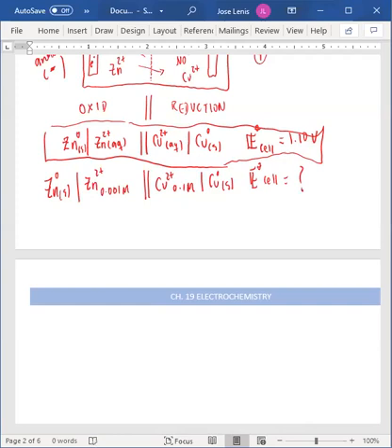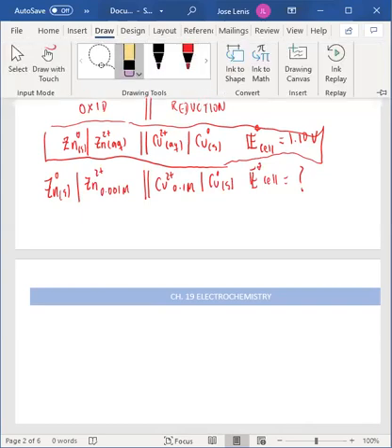You get 1.10 volts if you use 1 molar solution of this and 1 molar solution of this, which is the standard. And that's why we call this notation the standard cell notation. You notice that now we have different concentrations, therefore we cannot call it standard.